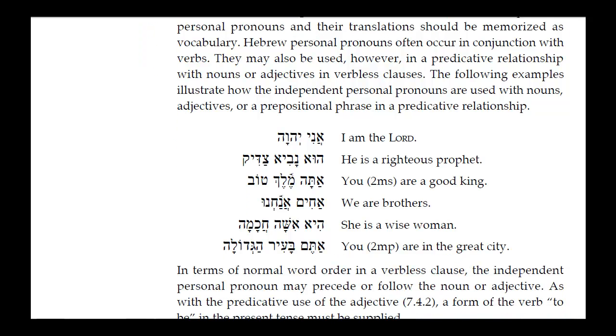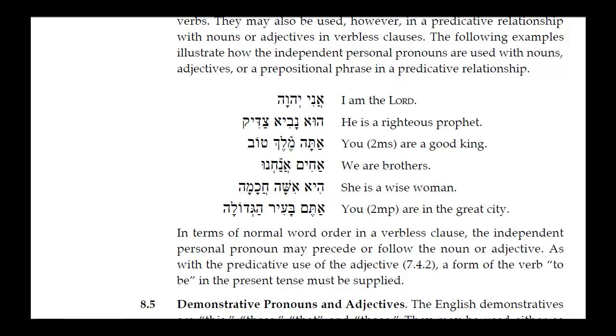In terms of normal word order in a verbless clause, the independent personal pronoun may precede or follow the noun or adjective. As with the predicative use of the adjective, a form of the verb to be in the present tense must be supplied. So this is pretty similar to when we have a predicative adjective. Remember, the predicative adjective agrees with the noun it modifies in gender and number, but not in definiteness.